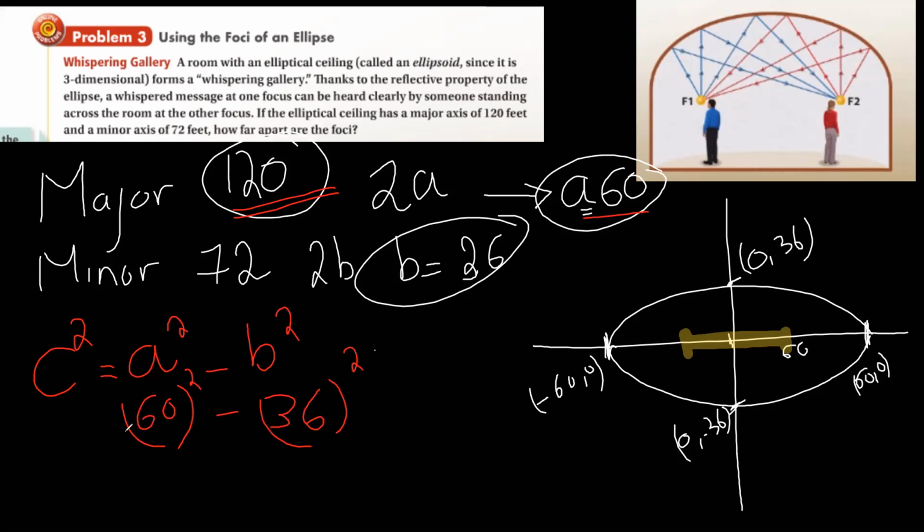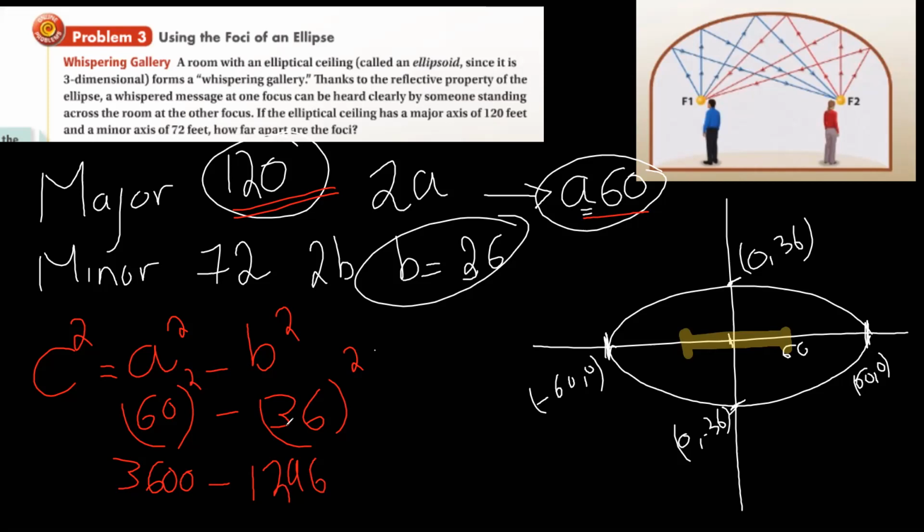Then after that, 60 squared is 3,600 and 36 squared, wait please, is 1,296. Then 3,600 minus this number.